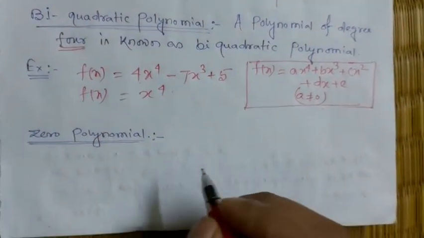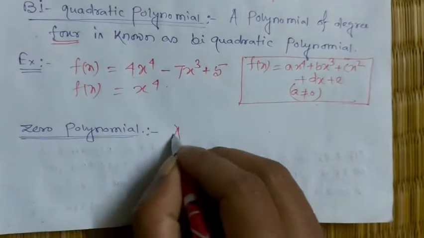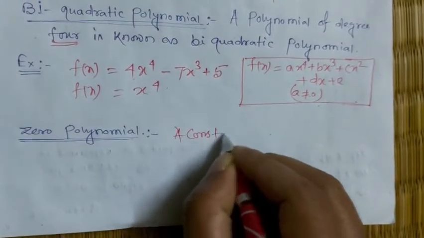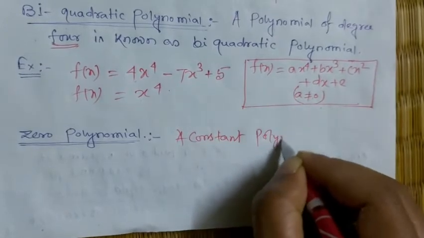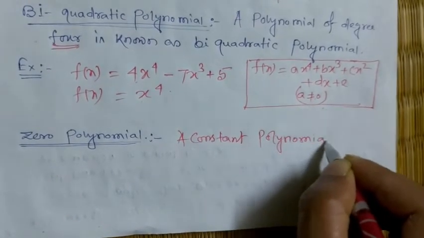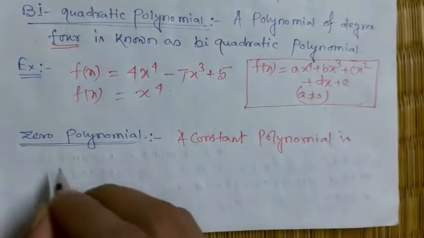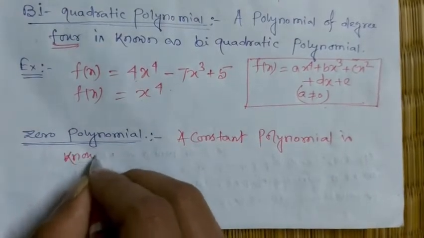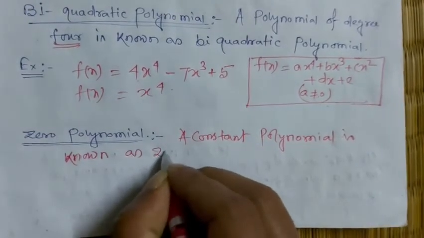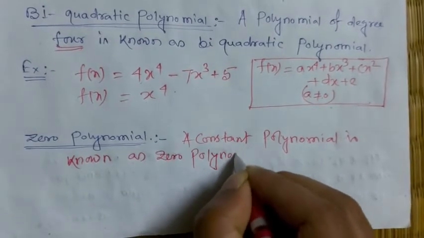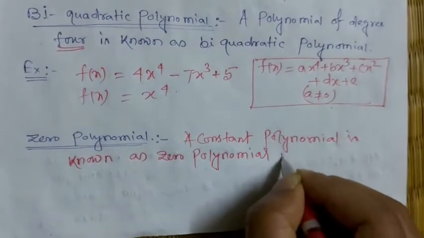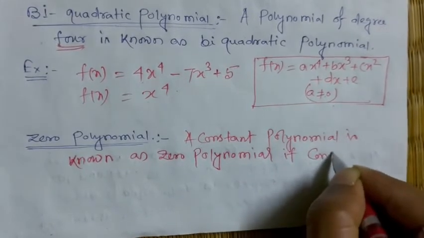A constant polynomial is known as the zero polynomial if the constant is equal to 0.